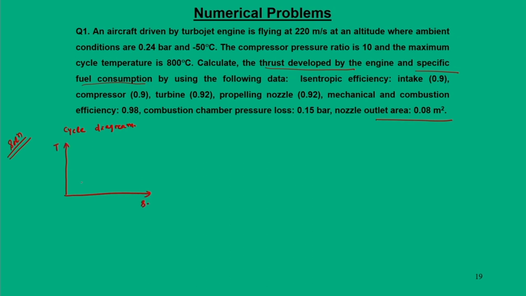In the TS diagram we have to draw first the intake process, then the compression process, then the turbine process, and in the turbine there is a drop in pressure.